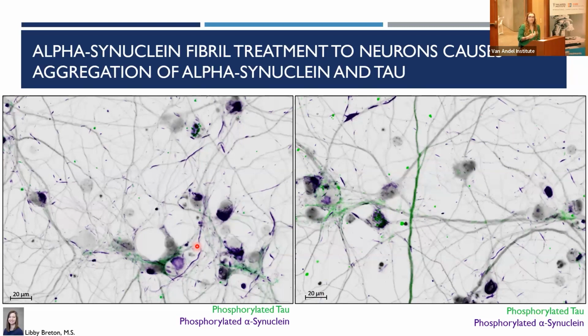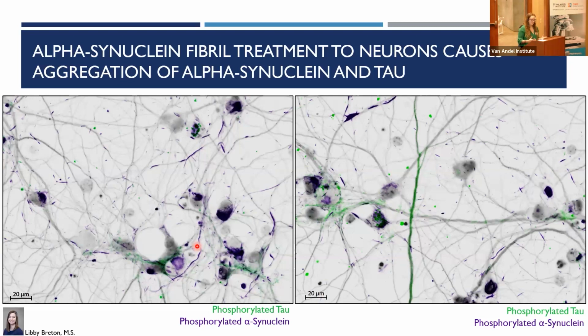But what we also see when we just add the alpha-synuclein aggregates is that tau becomes aggregated and toxic, which is pretty unexpected and not something we ever considered happening, because we wouldn't expect tau to respond to alpha-synuclein.